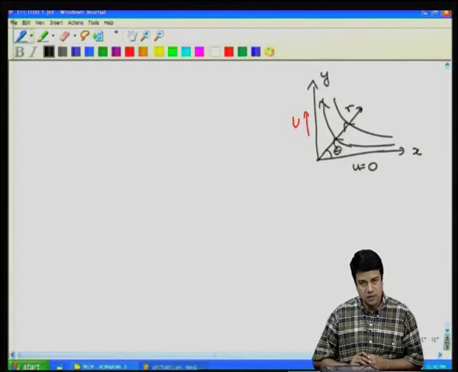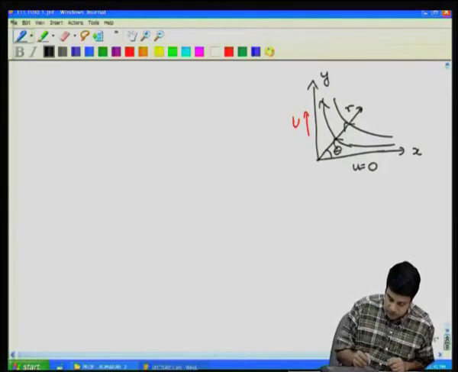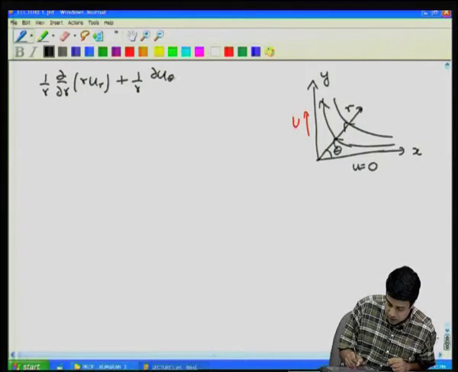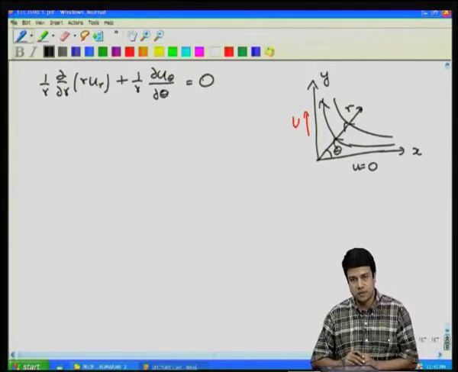In this polar coordinate system, the mass conservation equation is 1 by r partial by partial r of r u r plus 1 by r partial u theta by partial theta is equal to 0. That is the mass conservation equation.